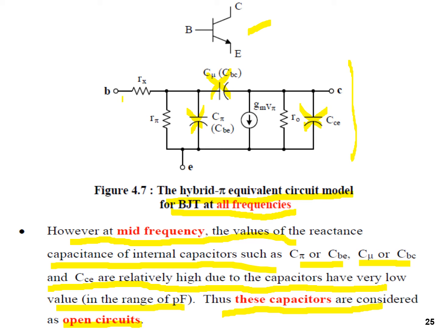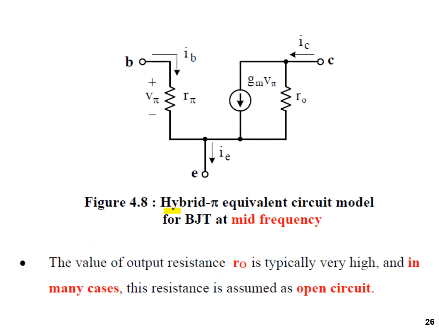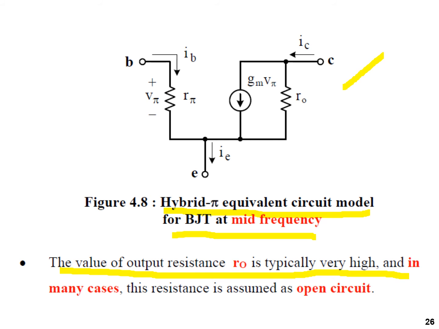This resistor Rx is very low and assumed as a short circuit. This is the hybrid pi equivalent circuit model for BJT at mid frequency. So you must remember this circuit in order to do the AC analysis. The value of output resistance RO is typically very high, and in many cases this resistance is assumed as an open circuit.